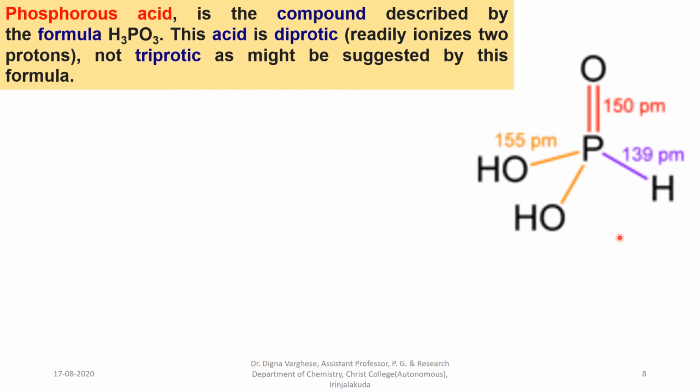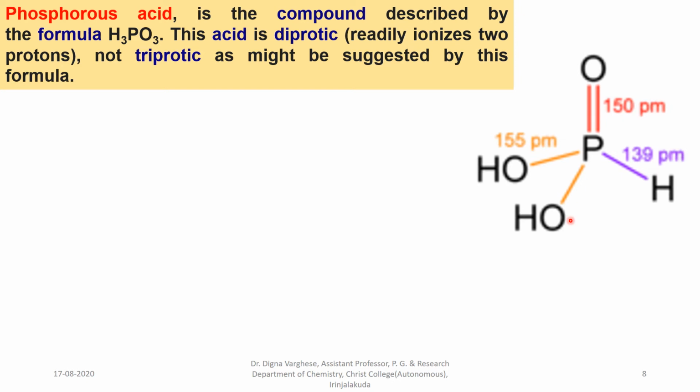The IR spectra of phosphorus acid molecules indicate that there is 1 P-H bond and 2 P-OH bonds. When it ionizes in water, it gives 2 different kinds of salts, that is, hydrogen phosphites and hydrogen phosphonates.